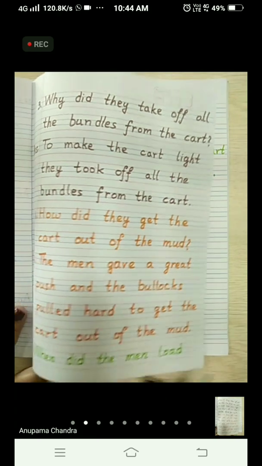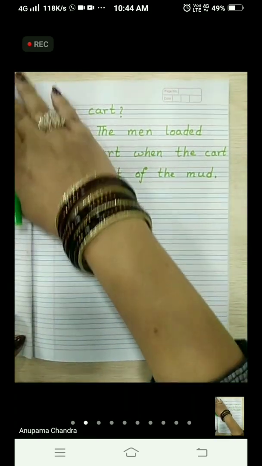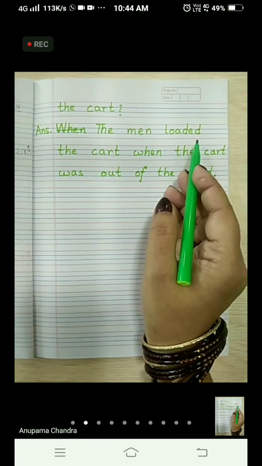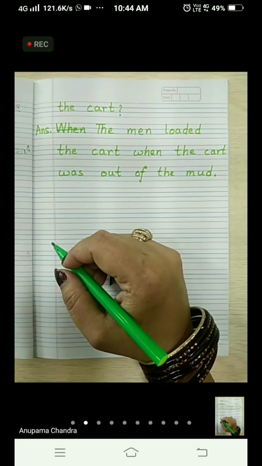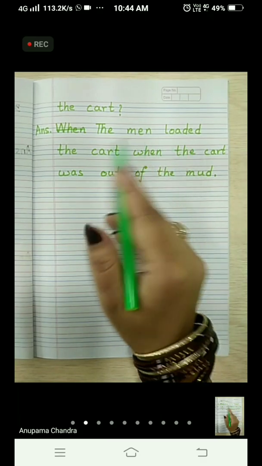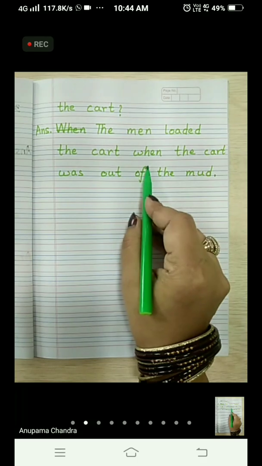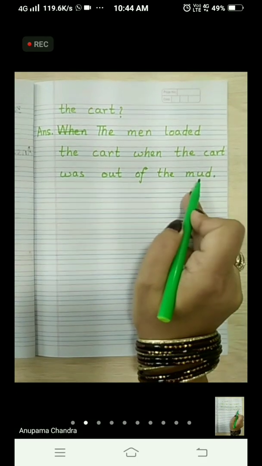Here load, L-O-A-D, will become loaded in the answer, as we always write the answer in past tense. Remember, we have done past tense ed words. So load will become loaded when we write in the answer. The men loaded the cart when the cart was out of the mud.